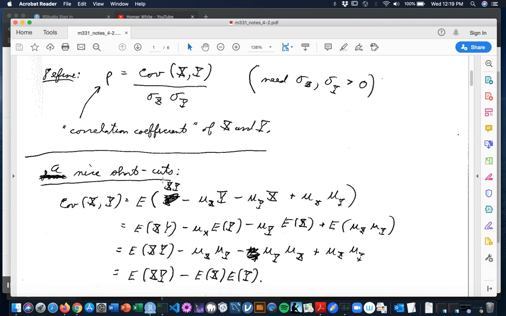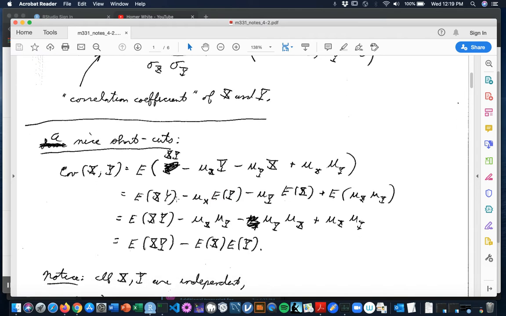So when you FOIL it out, you get this. And the expected value of sums and differences is sums and differences of expected values. In addition, like take this piece here, constant times random variable, the expected value shall be constant times expected value of random variable. So when you work that all through, you're down to this.